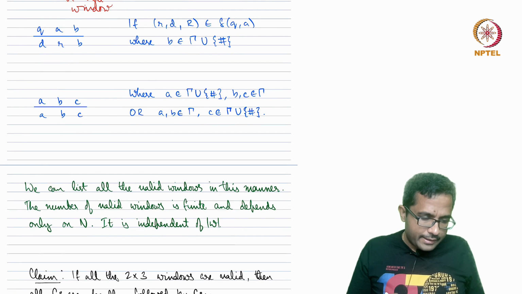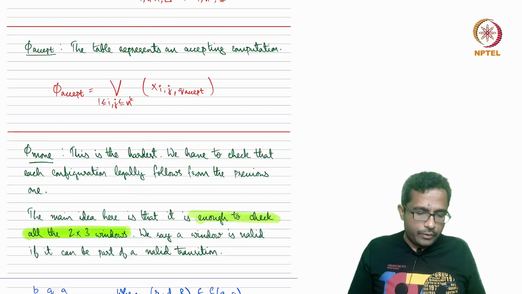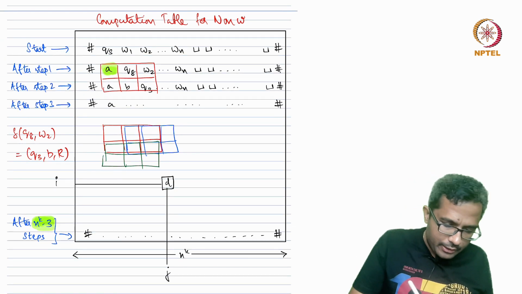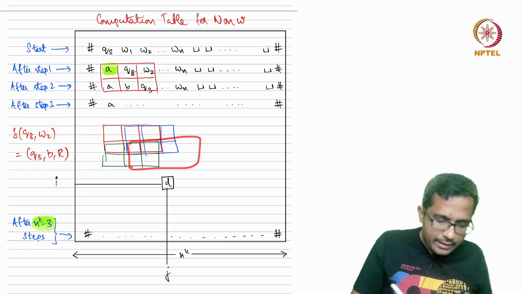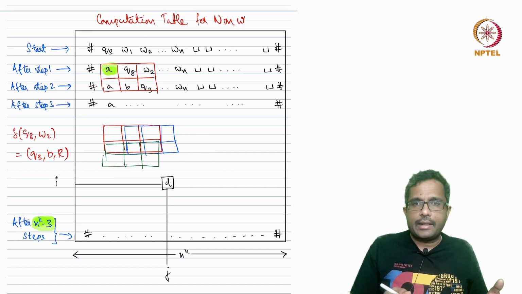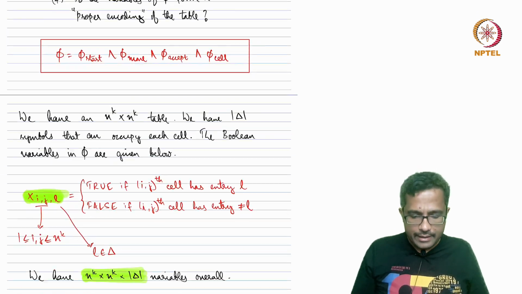So now the point is that it is enough to check all these 2x3 windows, right? We will tile, or cover, the entire table using these 2x3 windows. All these cells will get covered by multiple windows because there is overlap. We want all the overlap, only then can we ensure that things are checked thoroughly.